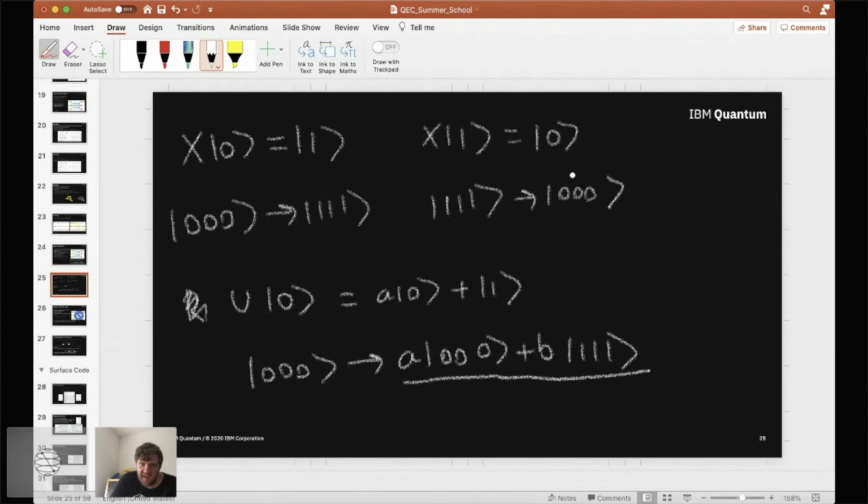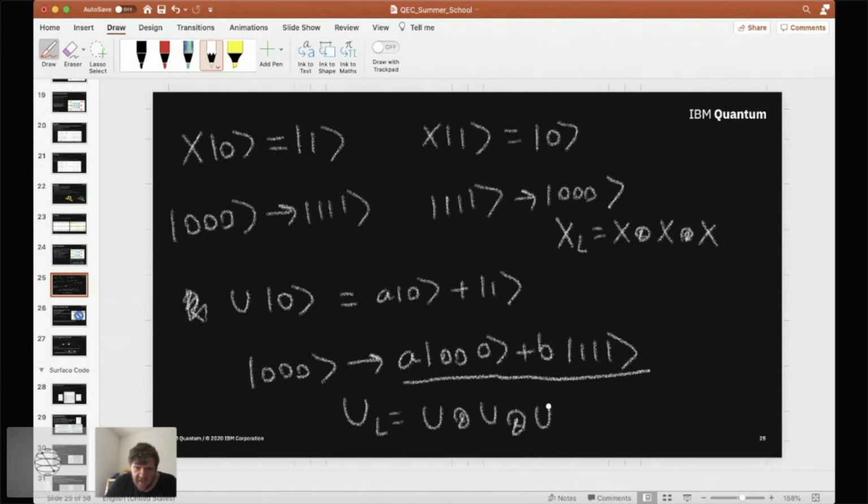Here we could make an X. Our logical X was just X on the 3 qubits. So this X tensor product with X tensor product with X I've written there. We would hope that our logical U might just be similarly that we do the U 3 times.